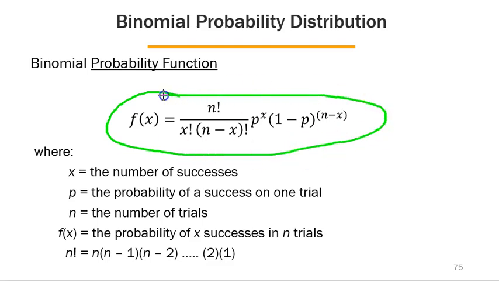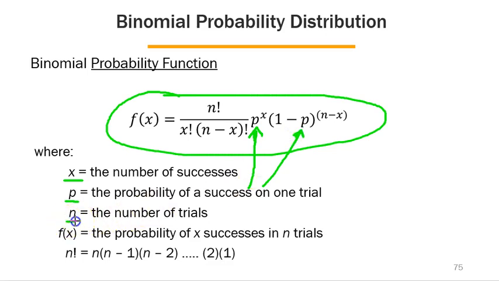you'll notice perhaps that it has a few different features. It maybe looks a little complicated, but many calculators have an option to be able to plug this in perhaps a little more quickly. So here we've got, again, x is the number of successes, p is the probability of success, but you see that coming in here, the p, but you also see 1 minus p, probability of failure over here.